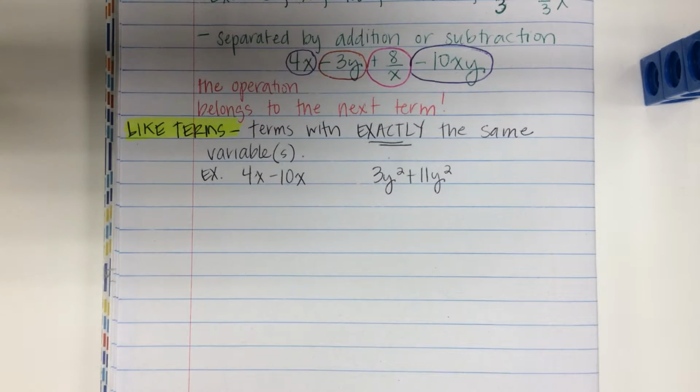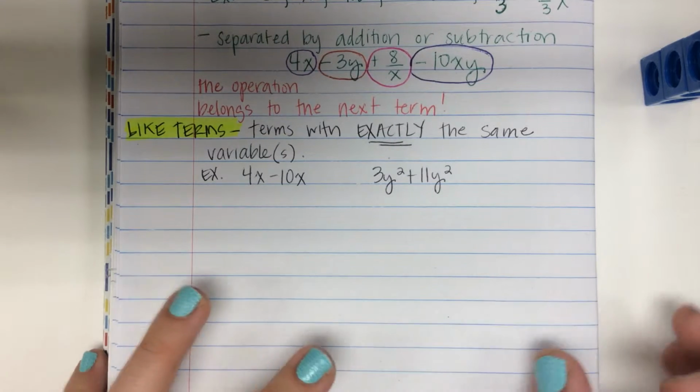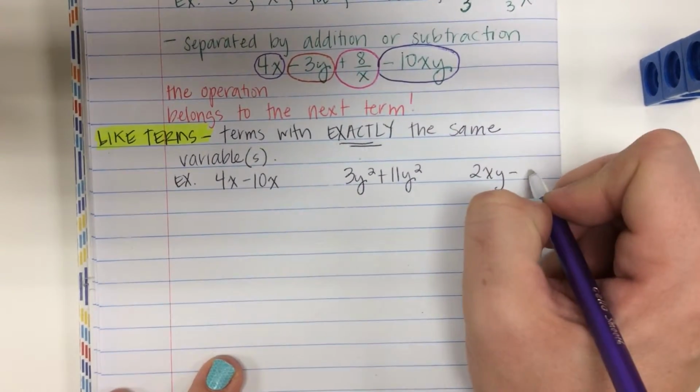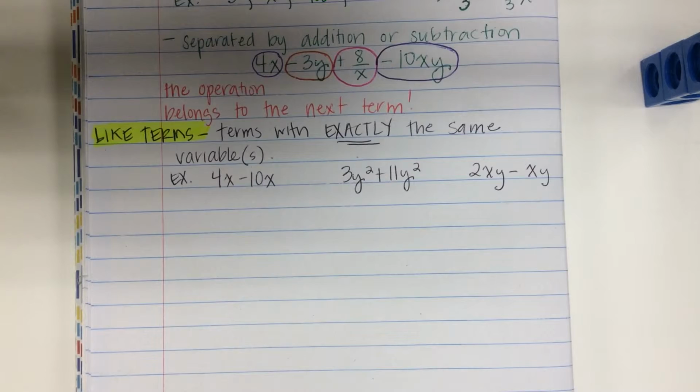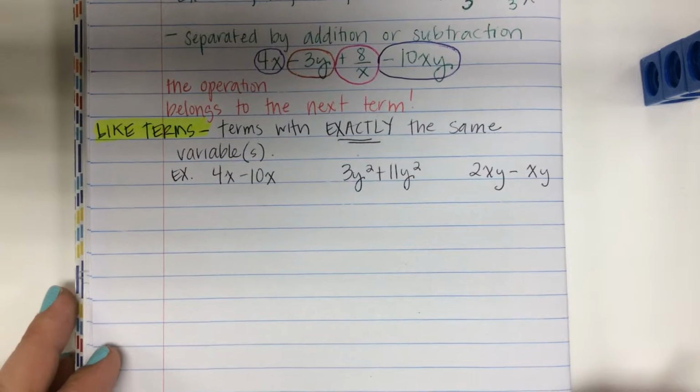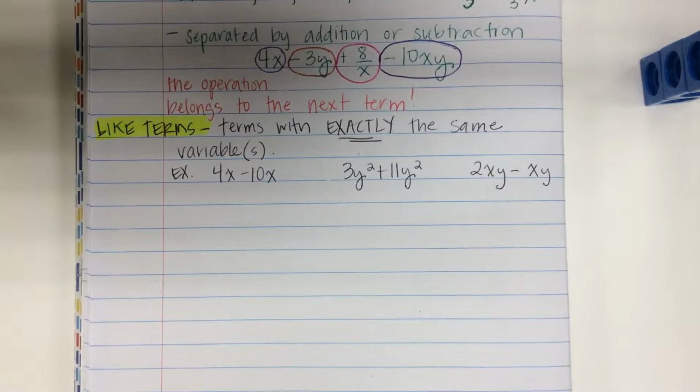Therefore, they're like terms. 2xy minus xy. Those are exactly the same variables. Therefore, they're like terms. They can be combined.